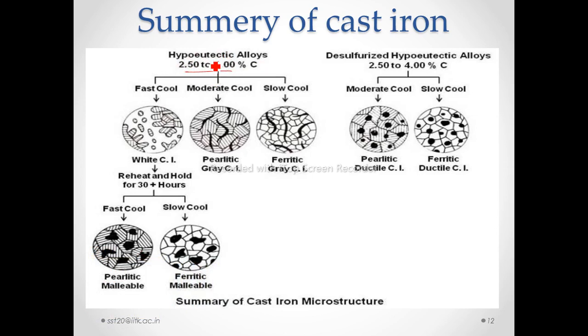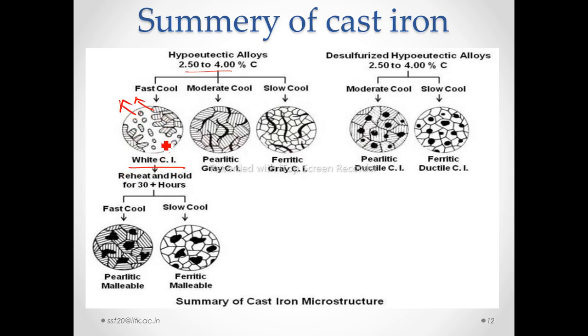By changing the rate of cooling, we can get different types of alloys. If we do rapid cooling, we will get white cast iron. As I said, these are in the form of cementite. This is pearlitic, and this is cementite.